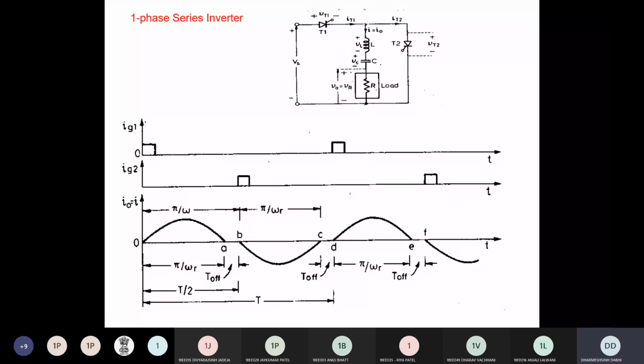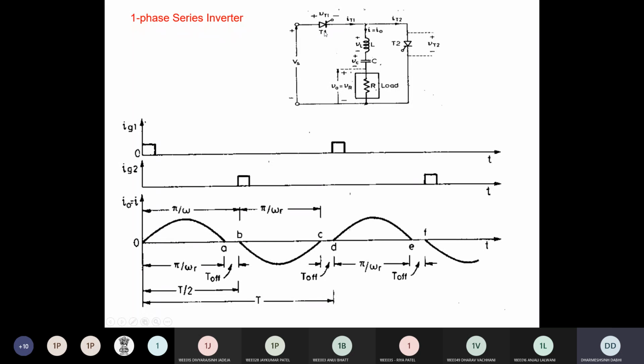One thing to keep in mind is that you select the values of L and C in such a way that the circuit becomes underdamped. Underdamped means the load current becomes 0 soon after reaching the peak value. You can see that at this angle the current reaches the peak value and after that becomes 0.